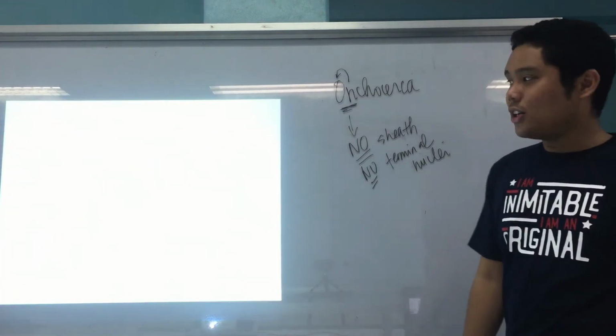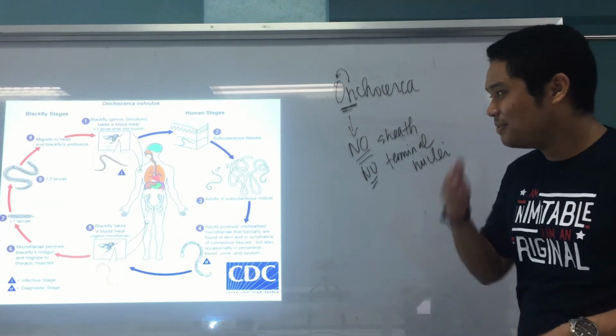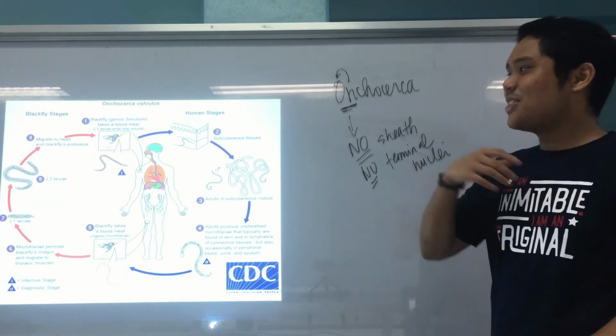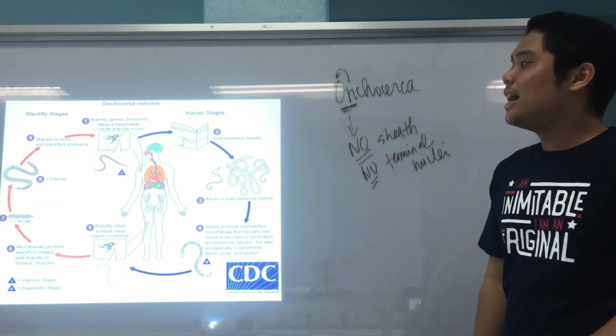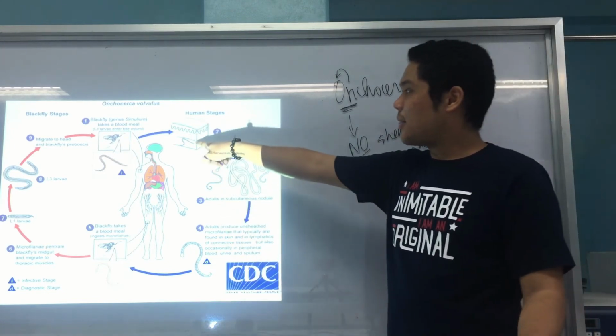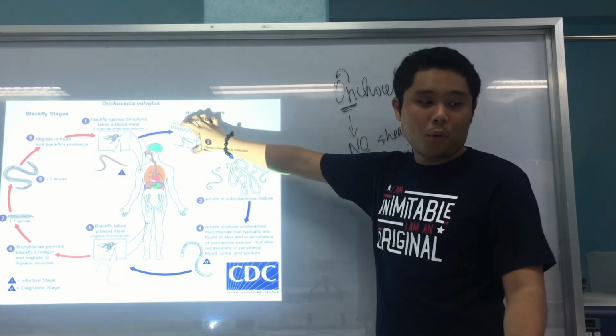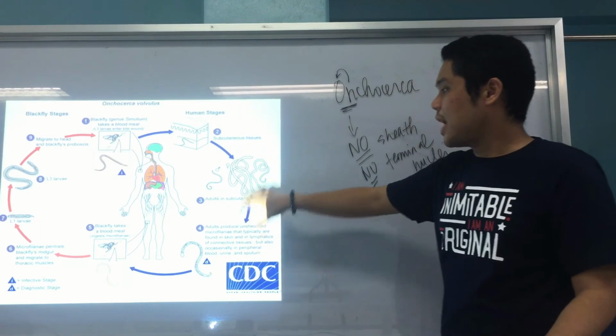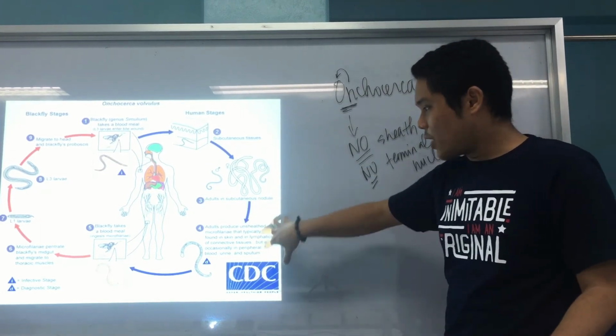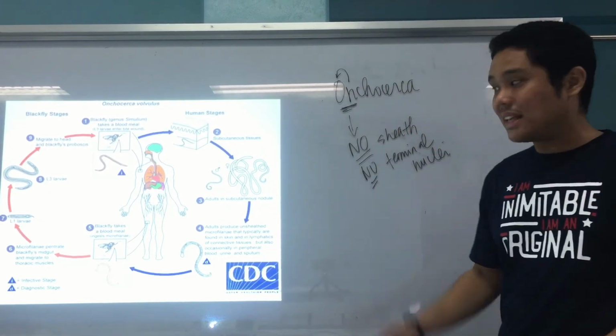Next, we go to the life cycle. So the same: the black fly's L3 larva enters the bite wound, and the worm will reside in the subcutaneous tissues. They become adults, and then the Microfilaria are produced in the skin.